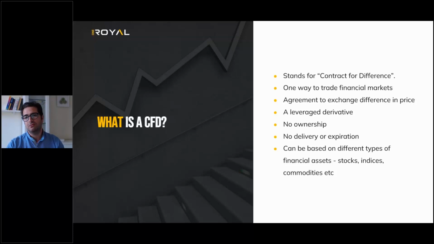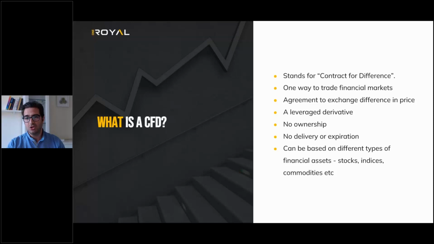With CFD you will not have an ownership, so you will not own the underlying asset when you trade the CFD. So let's say you decided to buy Bitcoin or Euro, you will not own the underlying asset. What you will do is you are betting over the price, as I said before.